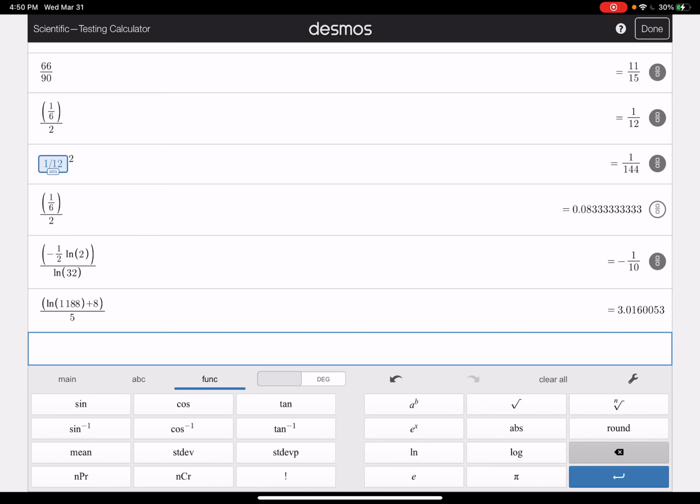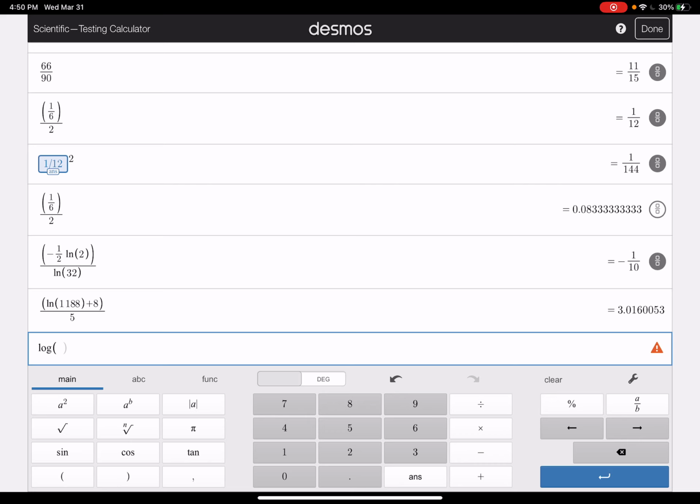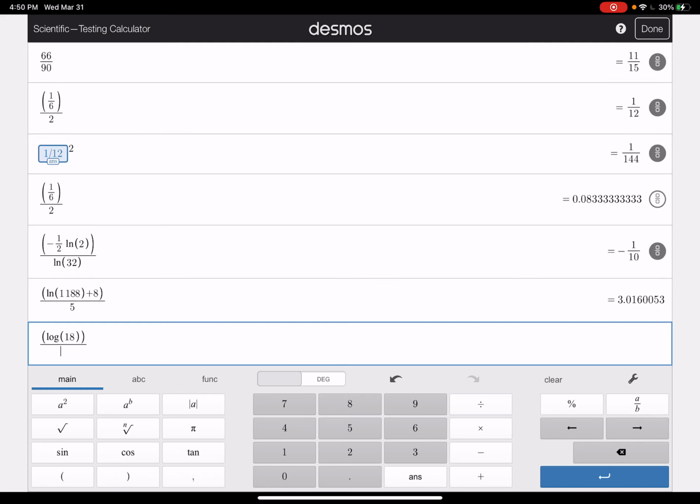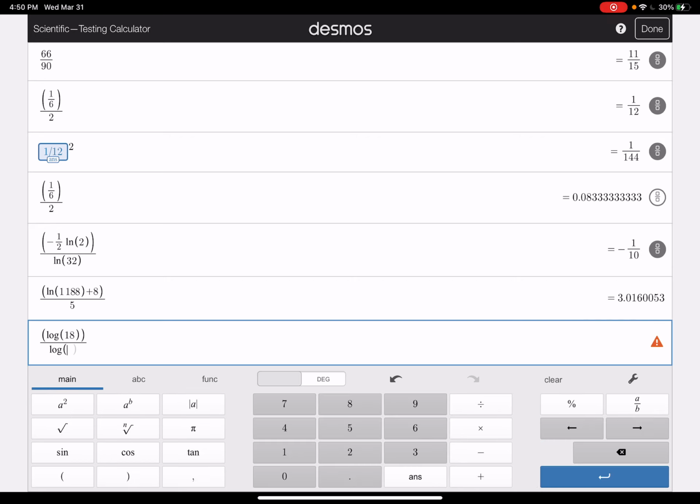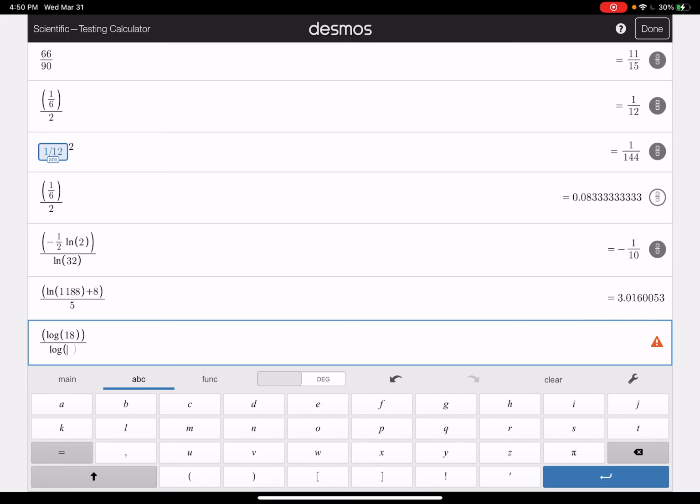So let's go to the function log of 18 divided by log of, where's pi?